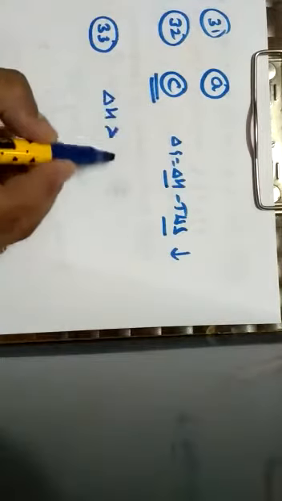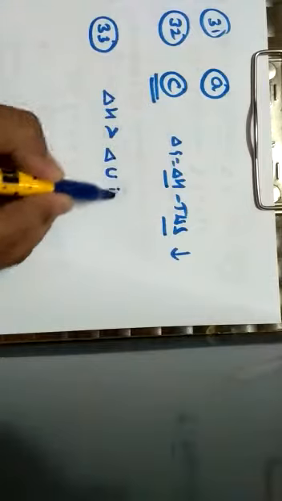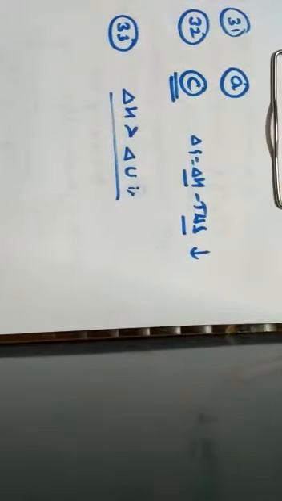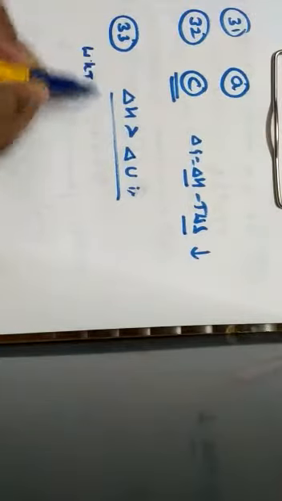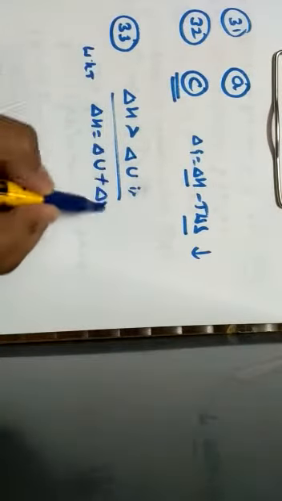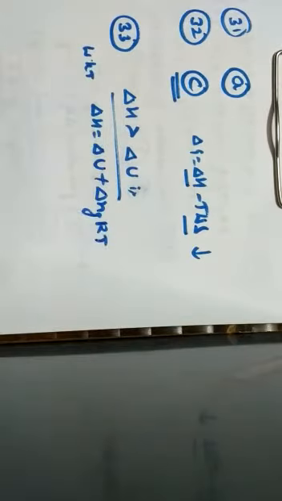They have given that delta H should be greater than delta U. The reaction in which delta H is greater than delta U is. Here we know that delta H is equal to delta U plus delta Ng into RT.